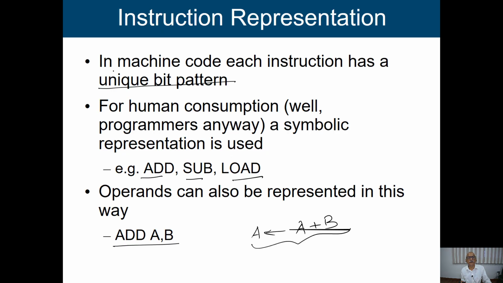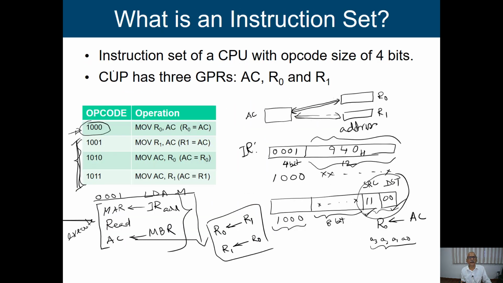In this case, I am not using a single format. Initially I came up with a single format, with 4 bits for the opcode and 12 bits for the address. For a memory address, I need 12 bits, and here I can specify the address of only one operand.